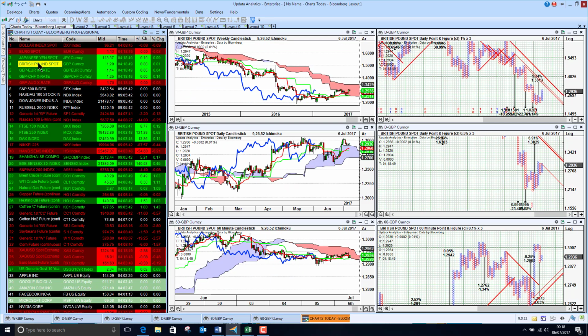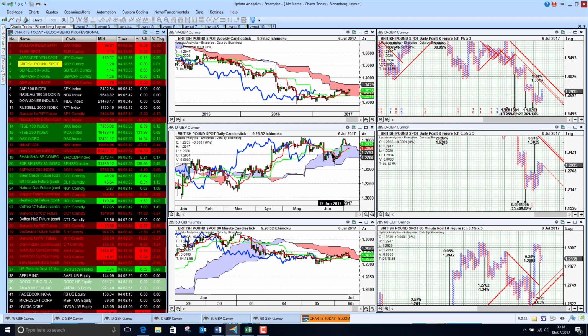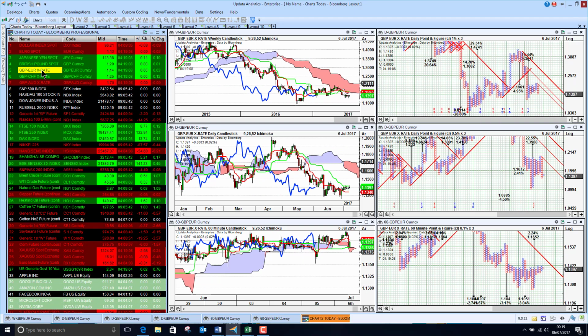Looking at sterling against the dollar, short term below the cloud. Just struggling to break this 130 mark, just been sitting here at this 129 level for weeks now, just struggling to get through. And again, the long-term chart is still bearish, so we just need to be aware of that. Euro sterling.